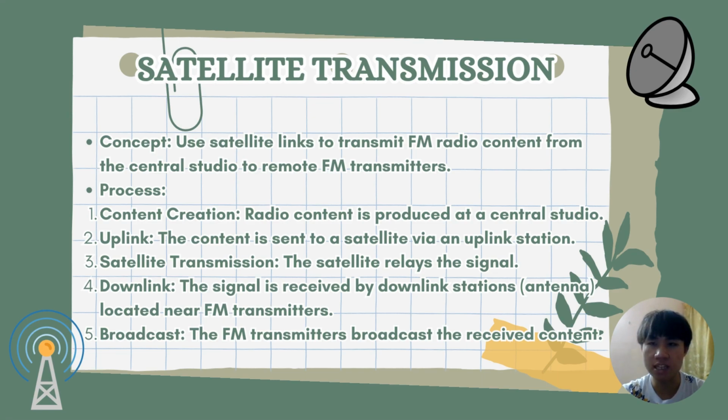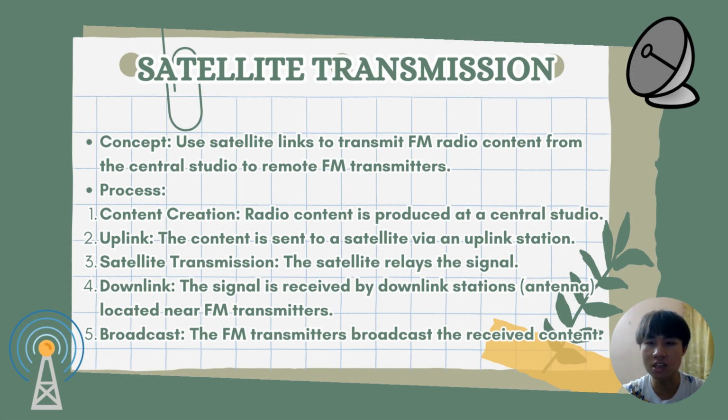The concept of satellite transmission uses satellite links to transmit the frequency modulation radio content from the central studio to remote frequency modulation transmitters, which are FM transmitters. The process starts with content creation, where the radio content is produced at the central studio, followed by the uplink.